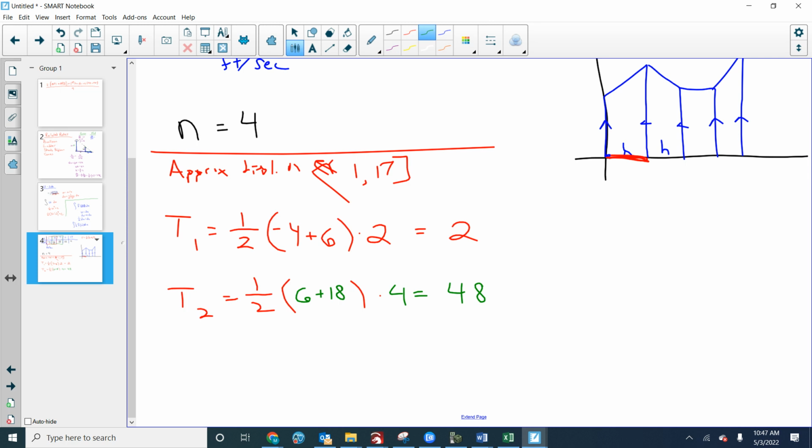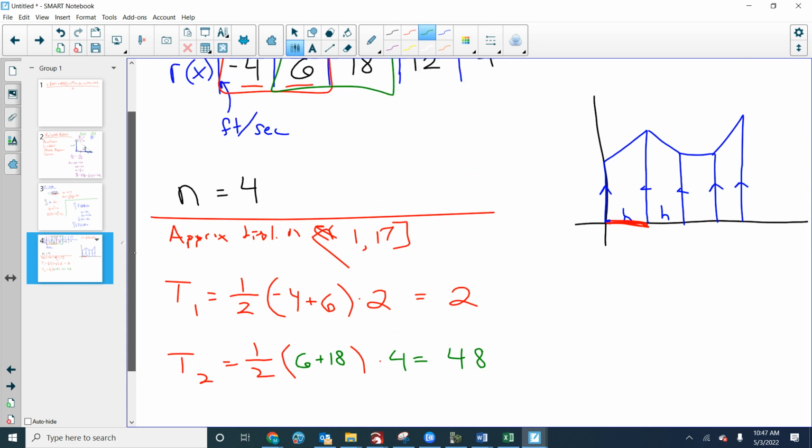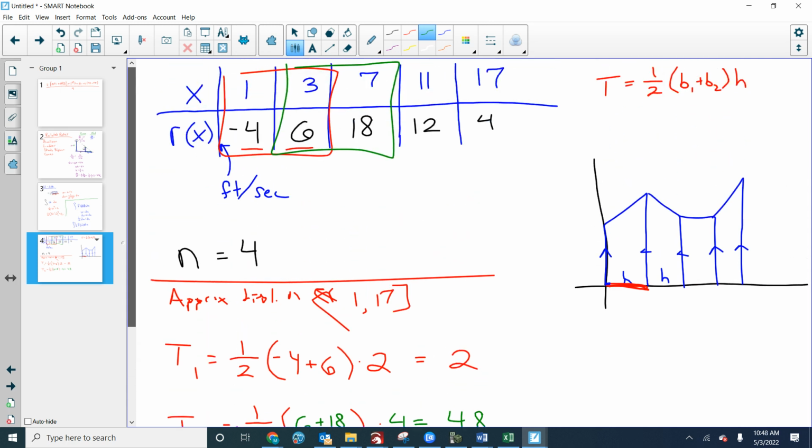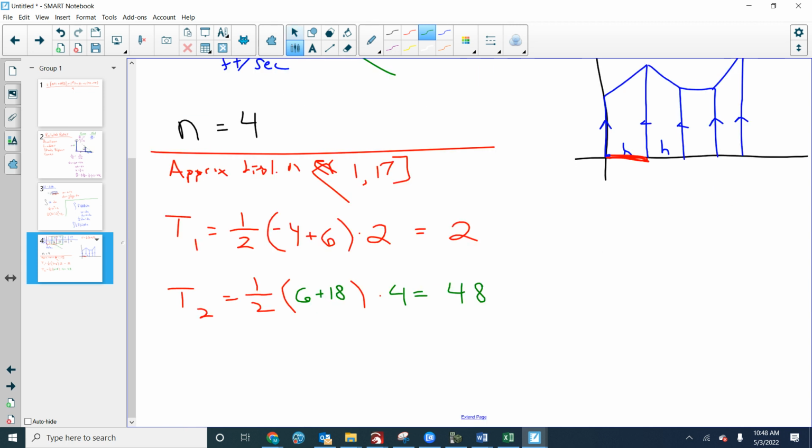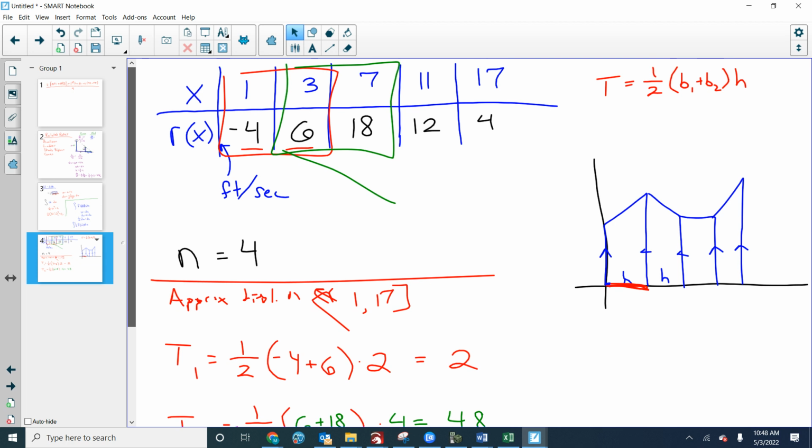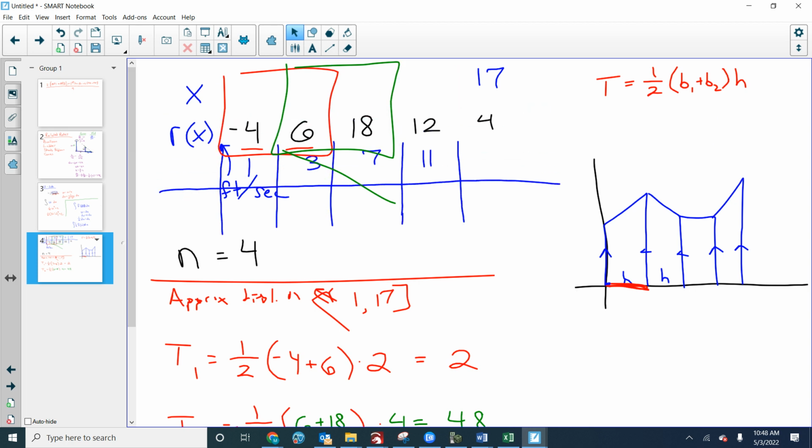Okay. Now, one other thing I have seen them do is to give you more information than you need in the table. Maybe they'll give 8 intervals, but only ask you for 4 trapezoids. You just need to skip a term, skip a point, right? An x and a y, right? Does it make sense?